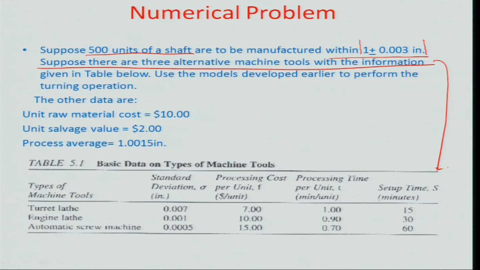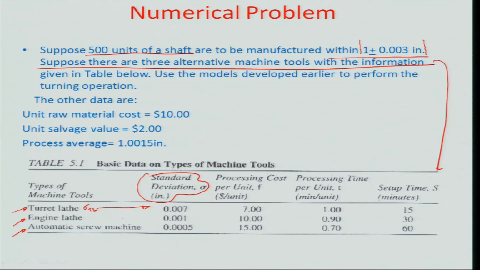Now the information given by the manufacturer for the different tools, one of them a turret lathe, another an engine lathe, and the third an automatic screw machine, is in terms of a process standard deviation recorded in inches. The sigma for the turret lathe, sigma TL, is 0.007 inches.